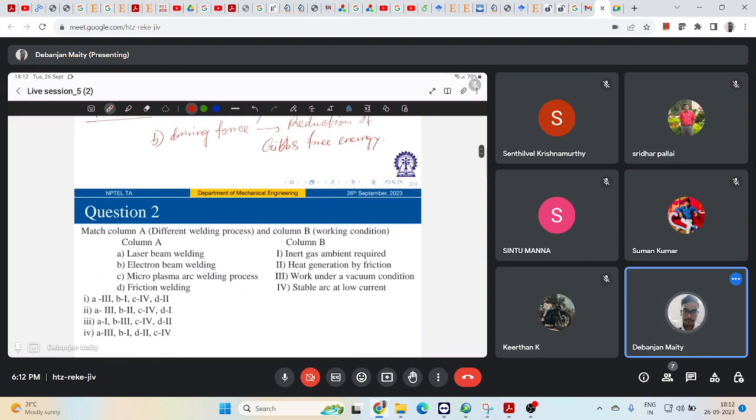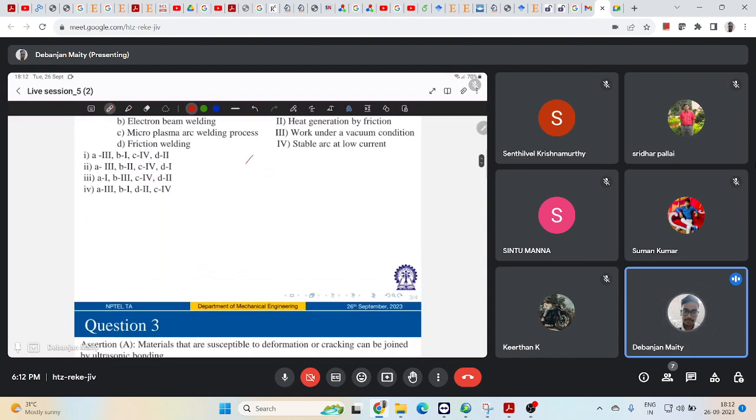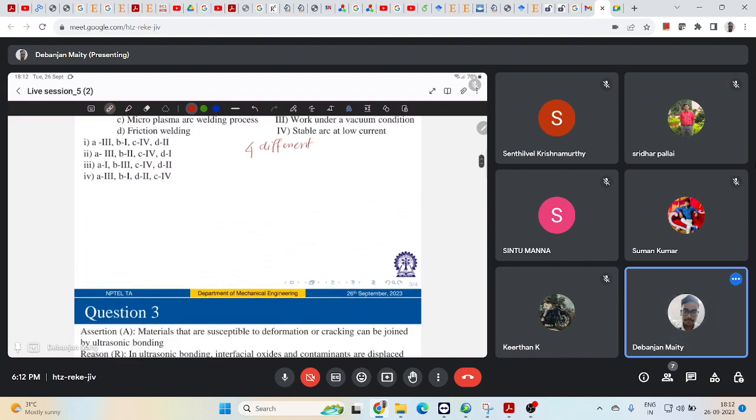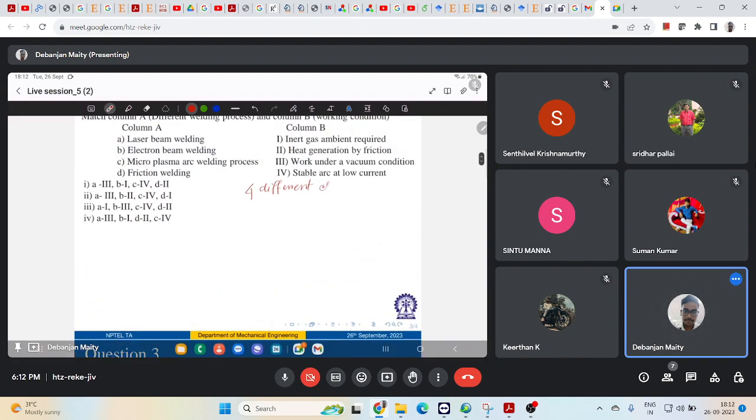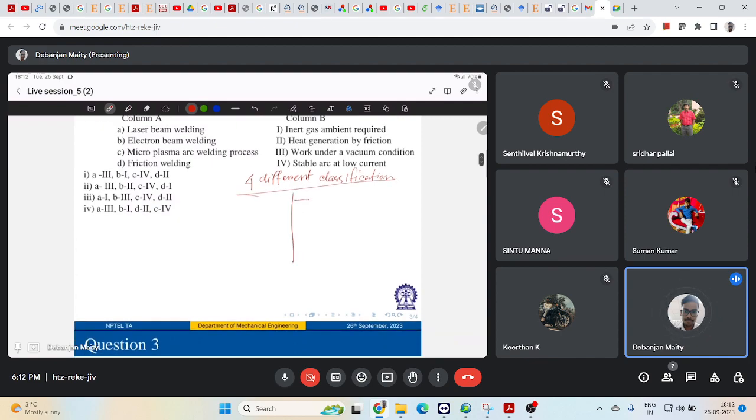Now, based on the physical states of the parts to be joined, we can differentiate those techniques into four different classifications. I'm using all the empty spaces over here, so don't be confused. What are those for micro joining techniques?